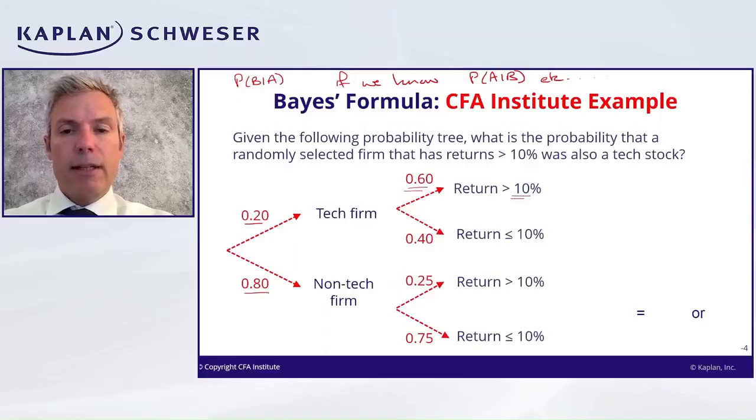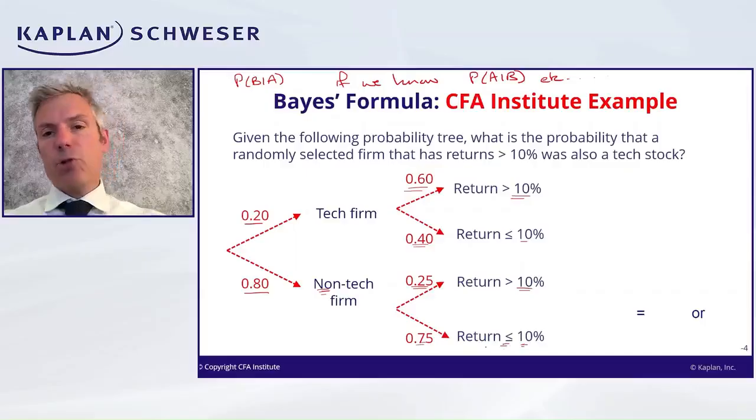The chance you get a return equal to or less than 10% is 0.4. That's not the case if you've got a non-tech firm. It's a bit tech biased here, isn't it? You're not very likely, only a 0.25 chance, of getting a high return. With a non-tech firm, you're much more likely to get a return less than or equal to 10%. Okay, so there's your tree.